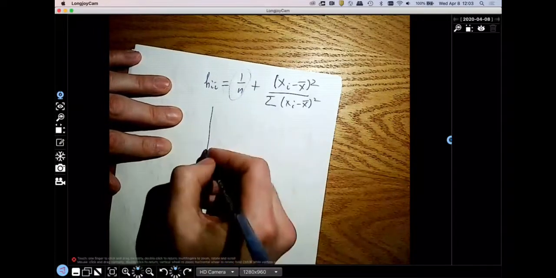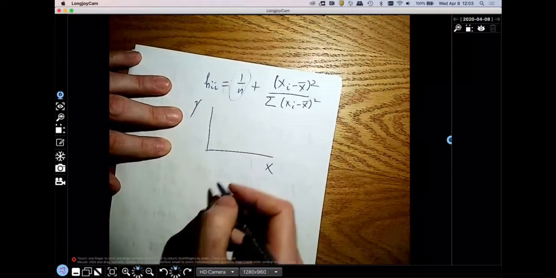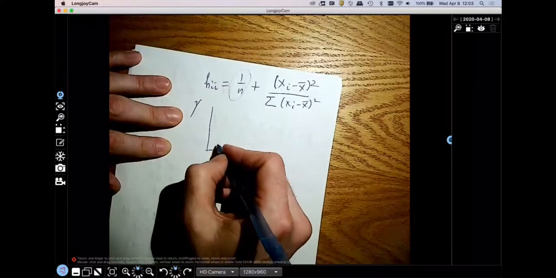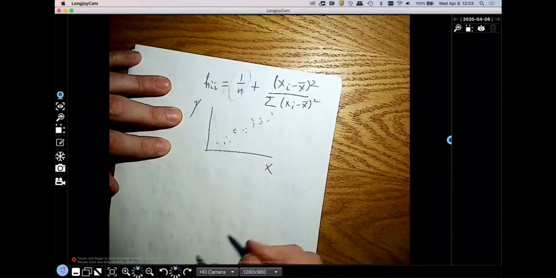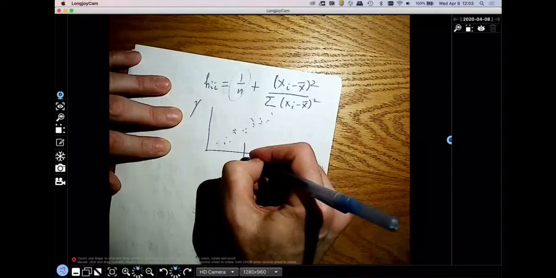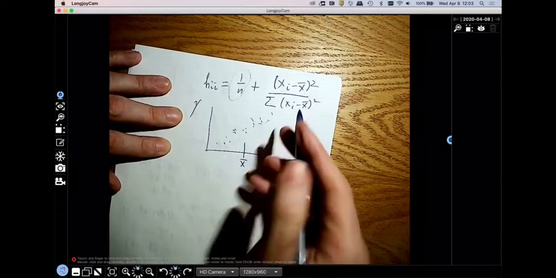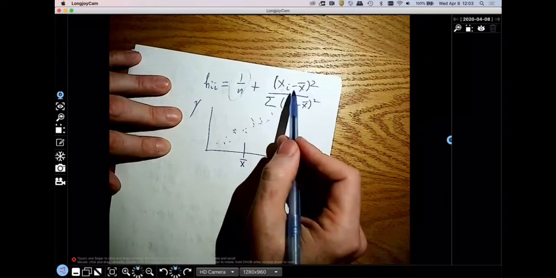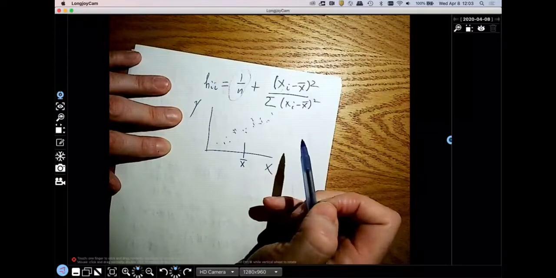So let's say I've got a simple linear regression. Here's X, here's Y. And I've got a bunch of values here. Somewhere here is the mean of X. So that's my X bar. So what is xi minus x bar squared?